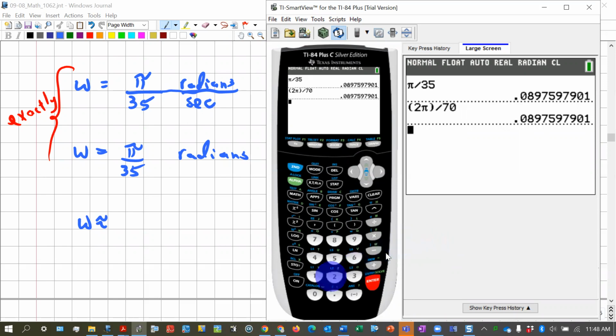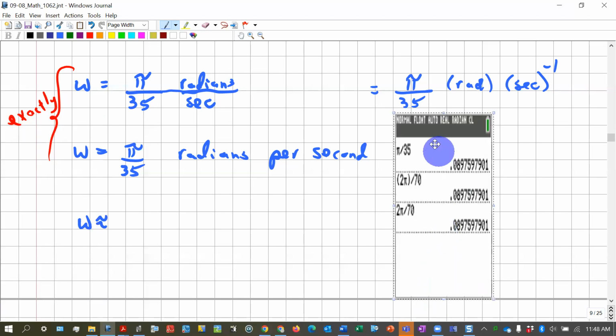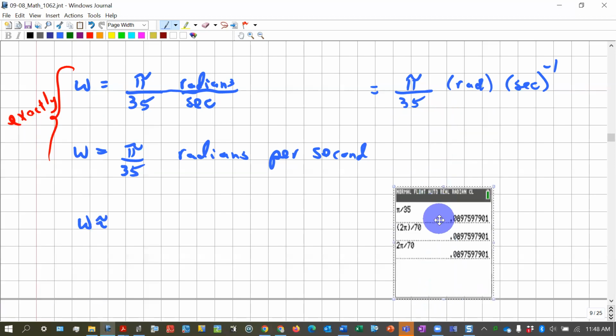If both of those things are true, then I don't need the parentheses. I'm going to get the same decimal result. So you could type it in either of those ways.